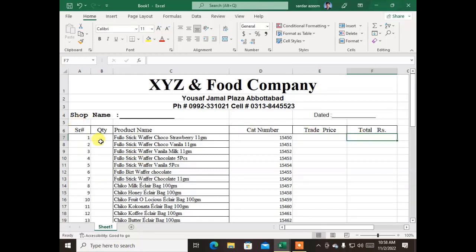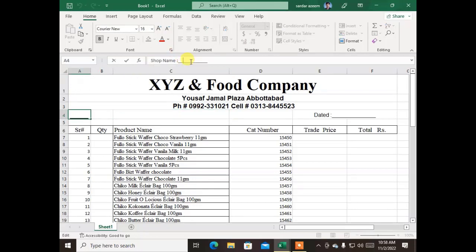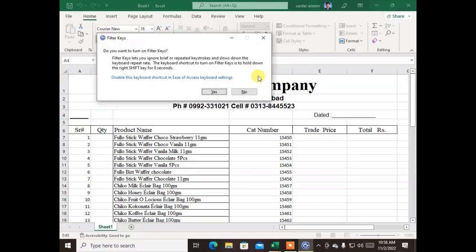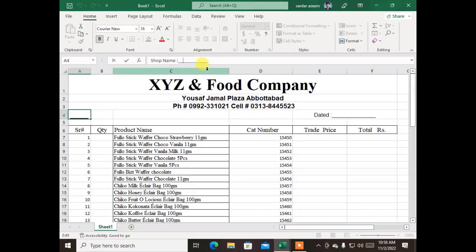Okay, for example, we have full stick wafer strawberry biscuits, and we are going to sell it to a shop named, for example, we have a nearby shop. What is this shop next to us? This is known as Medina Cash and Carry.